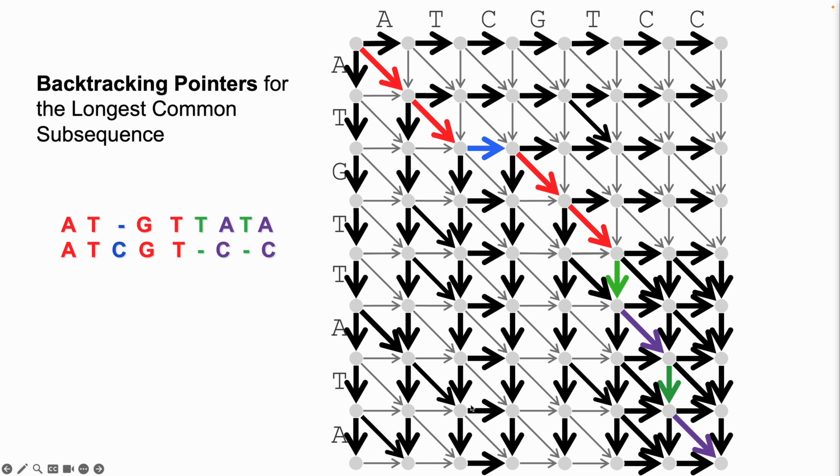That's because they're all +0, right? It's not changing the score, and so those directions are all equally likely. But the optimal path, the one that gives you the best value down here, is what I've traced here, which is color-coded to the alignment you have over here.